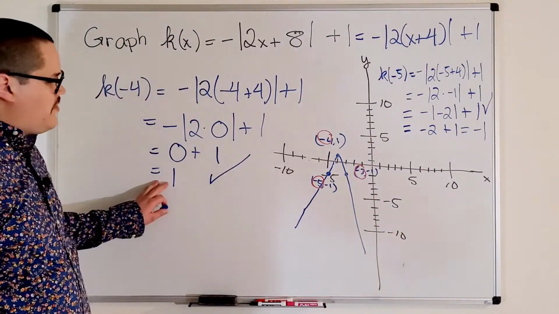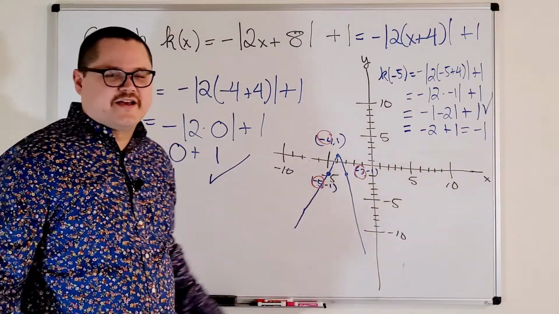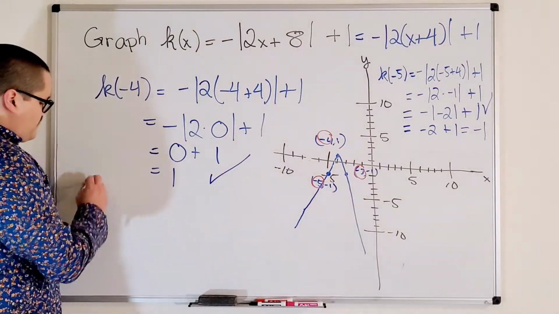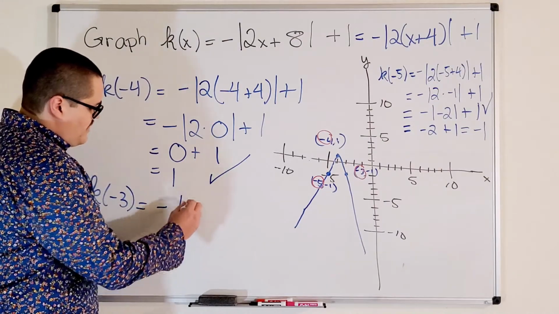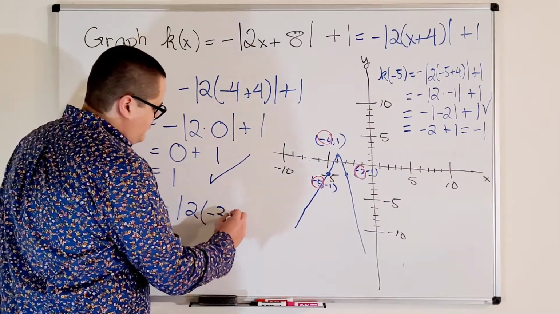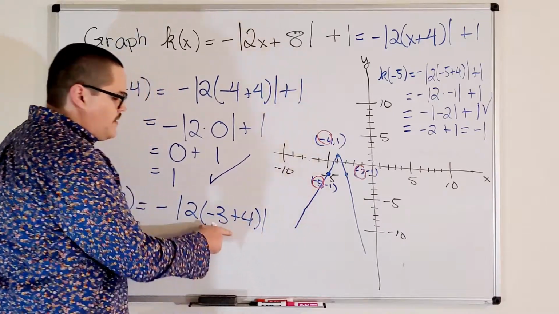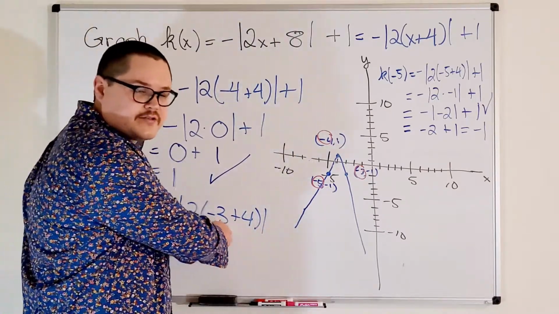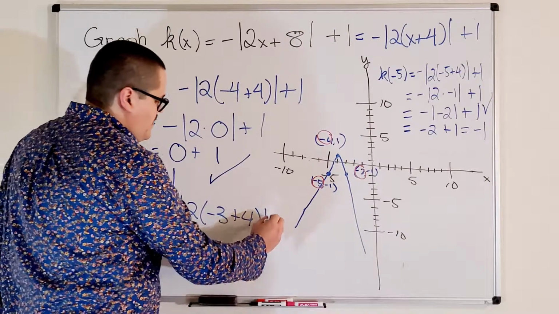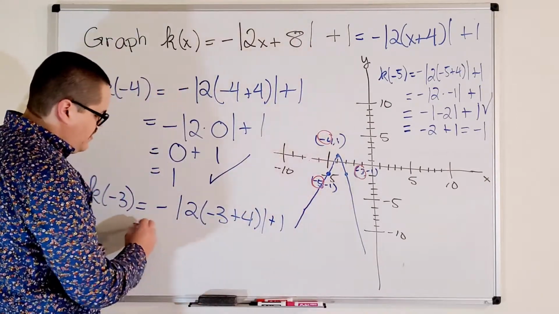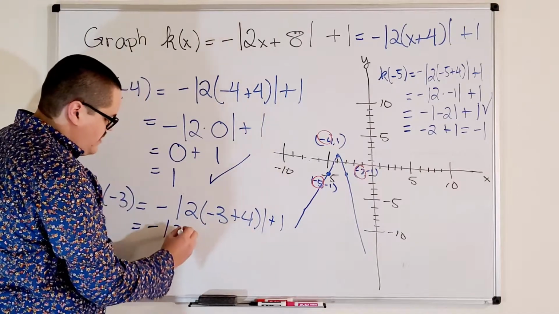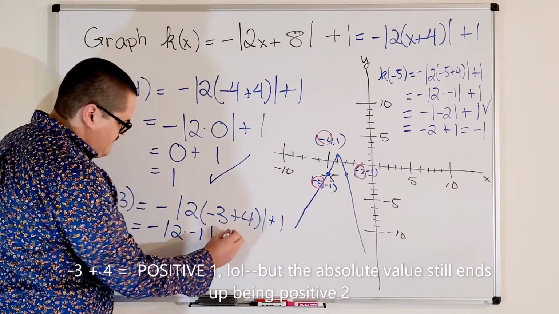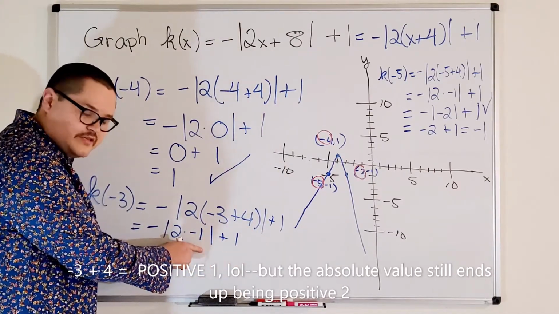And our last point we want to check is (-3, -1). So k of -3 is the absolute value of 2 times (-3 + 4), plus 1. I'm just plugging -3 in for x, remember? So -3 plus 4 is -1. 2 times -1 is -2.